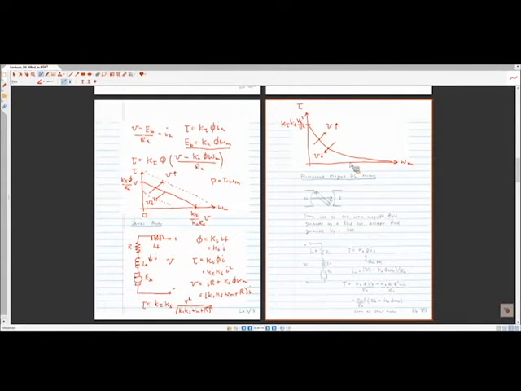I should know that, right? That's an A. Okay. So that's going from the back EMF constant. So the back EMF is equal to Ka times phi times omega.